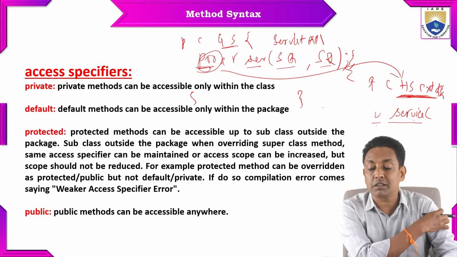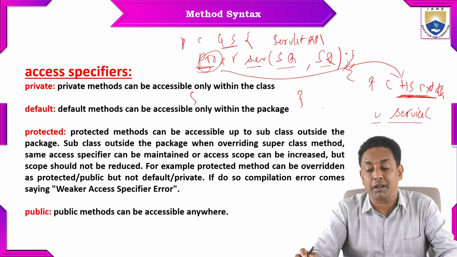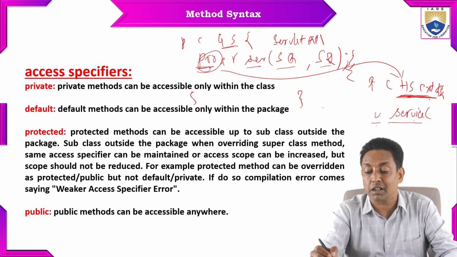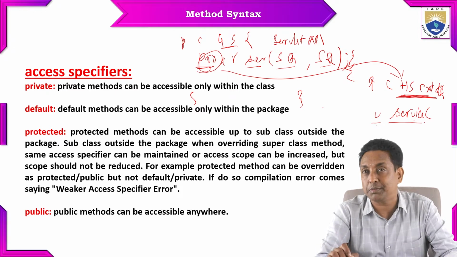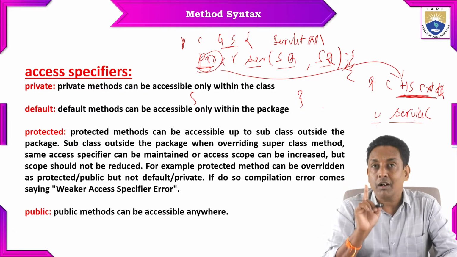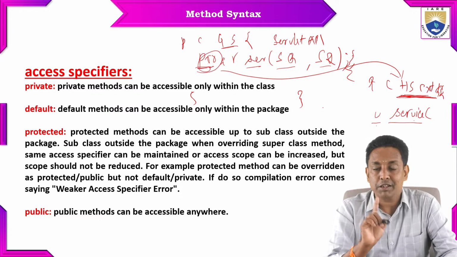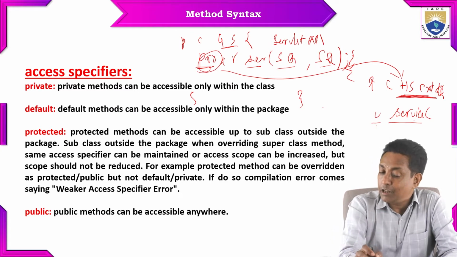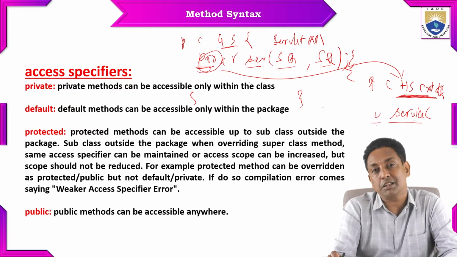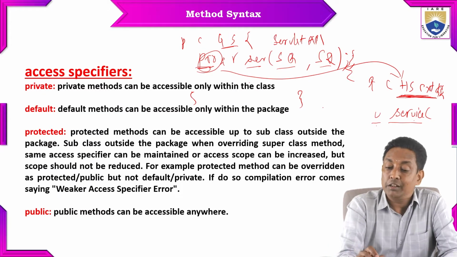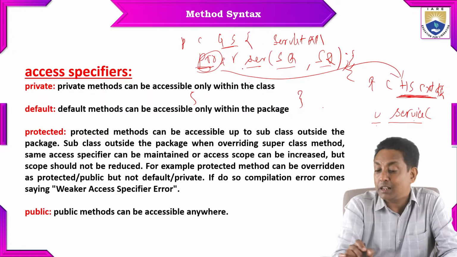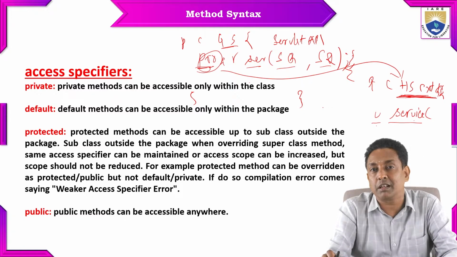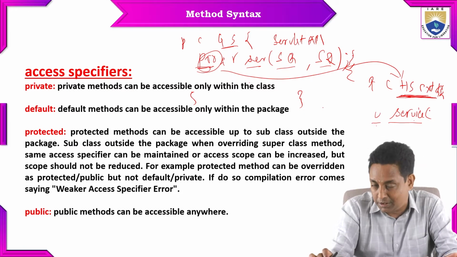So now, because we need to implement the method outside the package in HelloServlet, we need to implement this void service method. The only difference between overriding and implementing is this: if a method is already implemented in the superclass and we rewrite it, it is called overriding. If the method is declared abstract in the superclass and you implement it for the first time, it is called implementing the method.